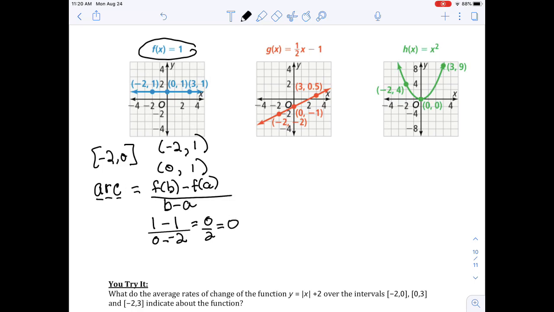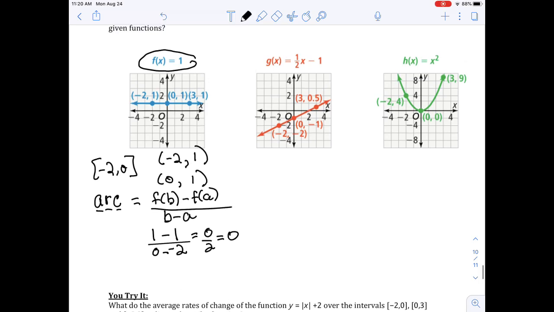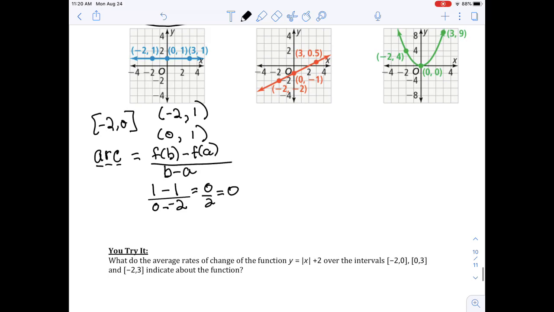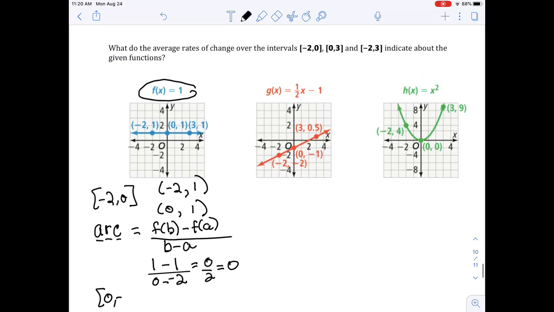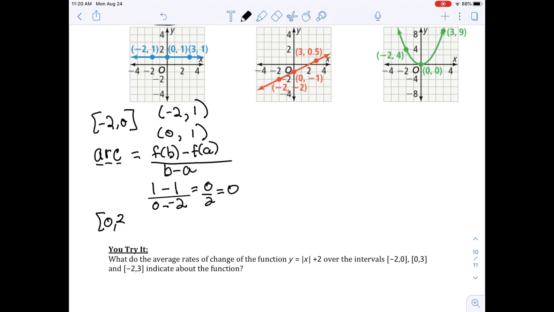So change in y over change in x. Now that's going to be 0 over 2, which is 0. And then I'm going to do it for the next interval, which is 0, 3.